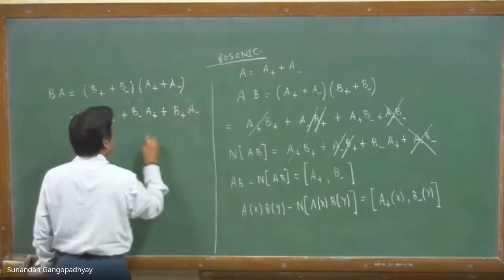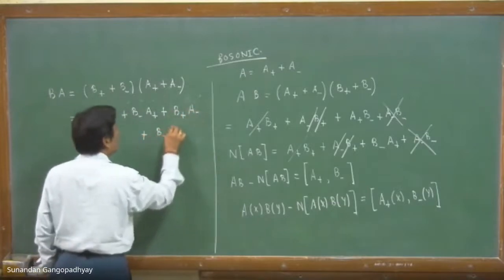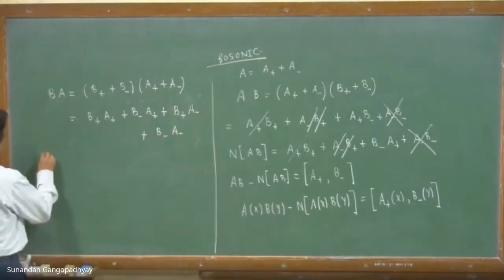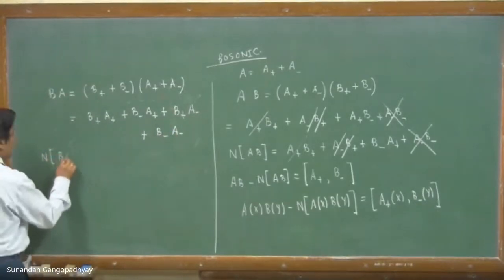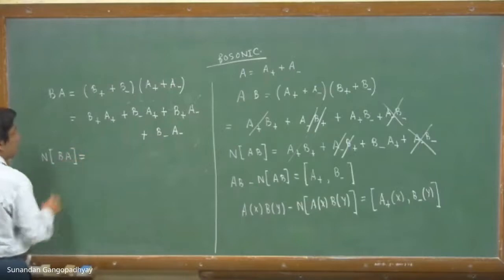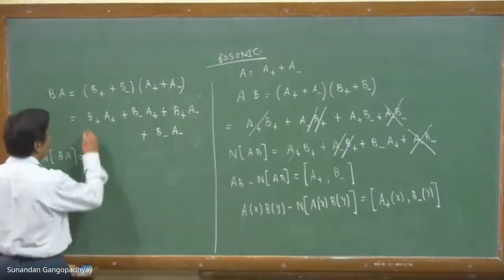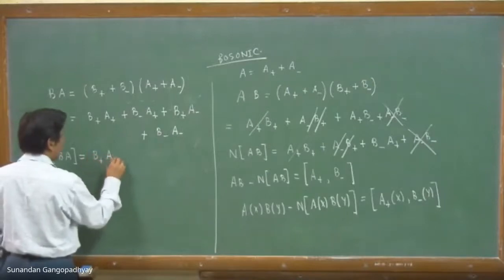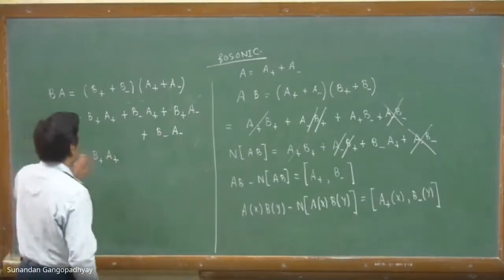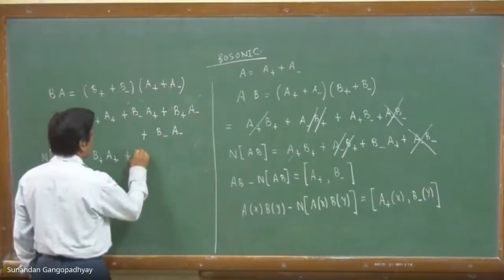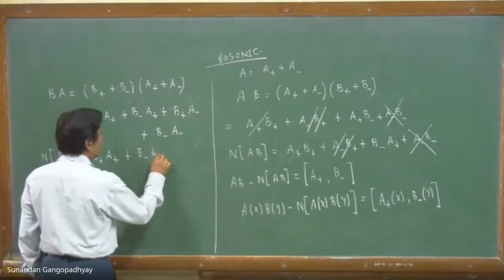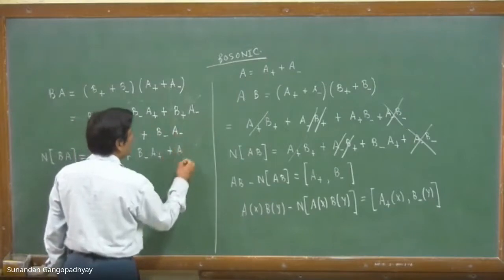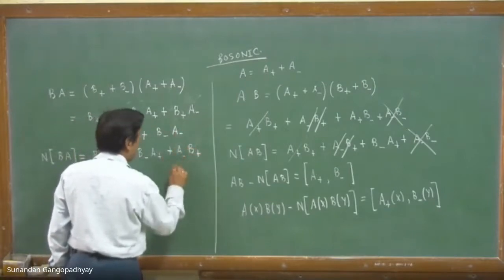If I normal order this, this is already in normal order form, this is also in normal order form, this is not in normal order form, therefore it becomes A minus B plus, and this is A minus B minus. So this is what we have.